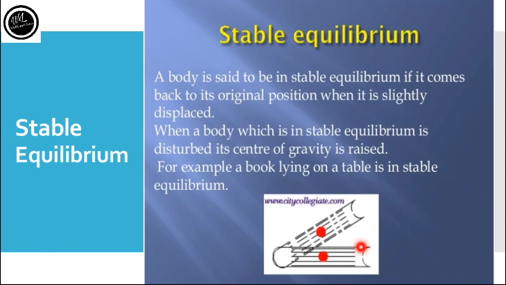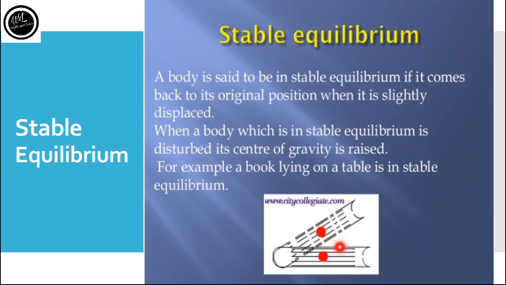When I apply the slightest force or tilt on the book, and displace it from the original position and move it here, and I release it, you will see that it will come back to its original position. So if a body comes back to its original position after a slightest tilt, then this state is known as stable equilibrium.